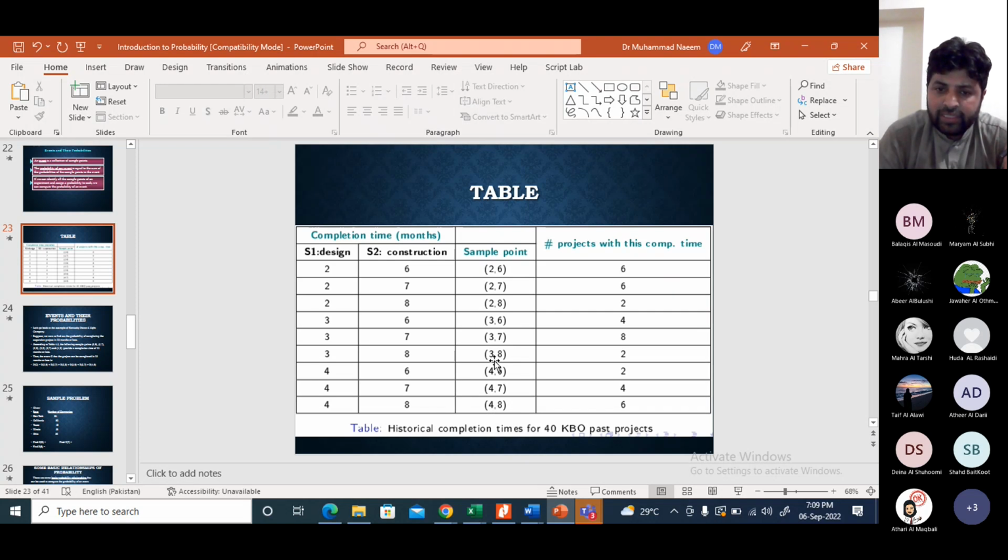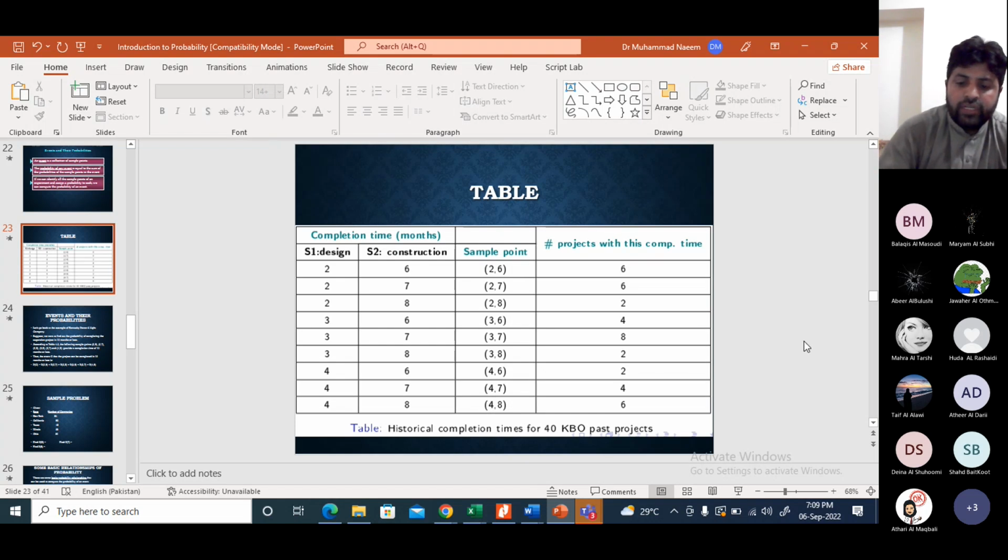So remaining, 3 plus 8 is 11. So useless. 4 plus 6 is 10. So this can be used. 4, 7, 11. So this is useless because we need only 10 or less. And 4 and 8 is also useless.